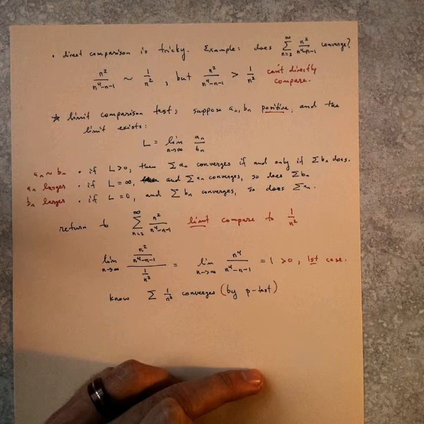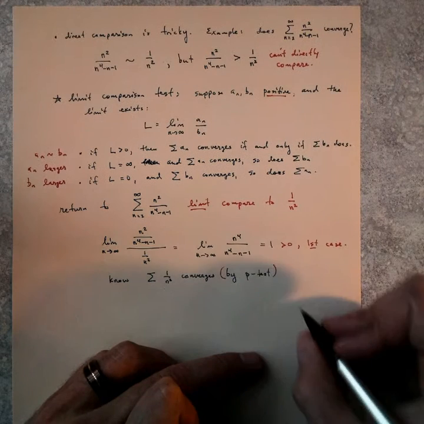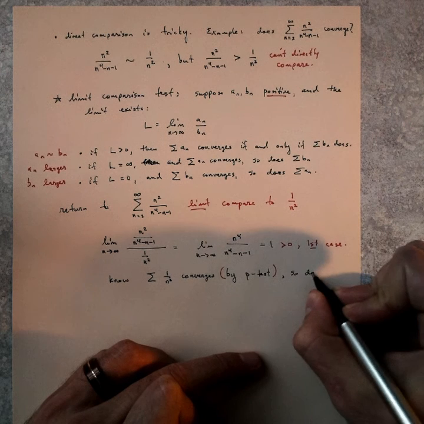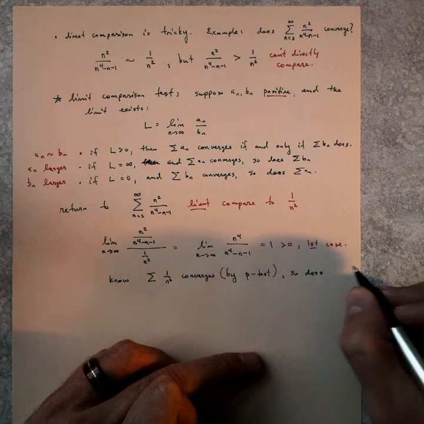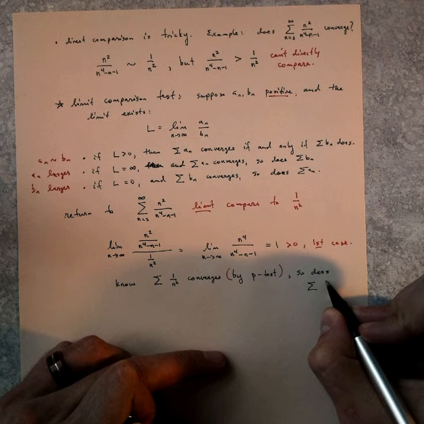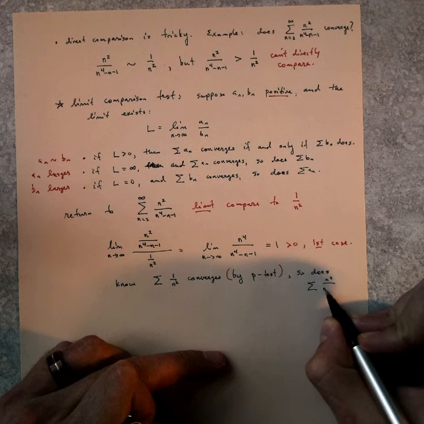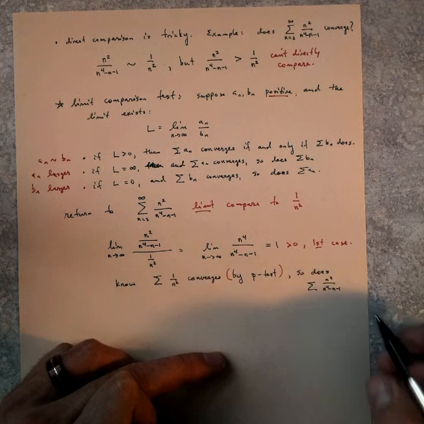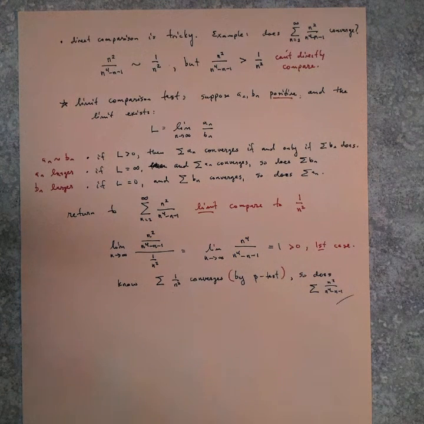Okay, in this case p is bigger than 1, p is 2, right? So I immediately get that so does the sum that I was working with, n squared over n to the 4th minus n minus 1. So I get that it converges by limit comparison.